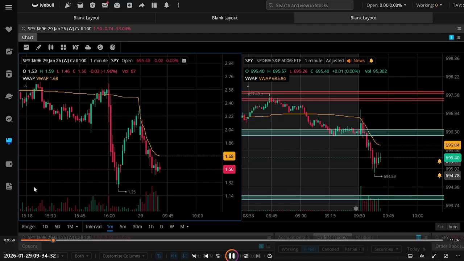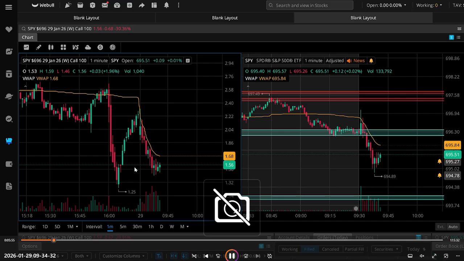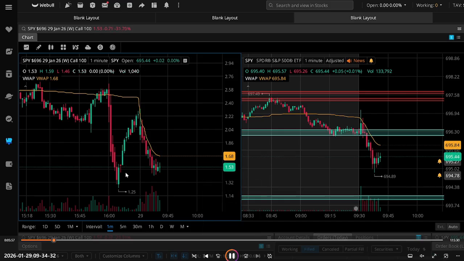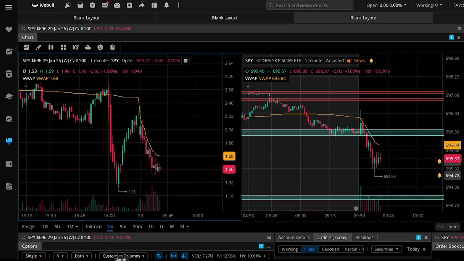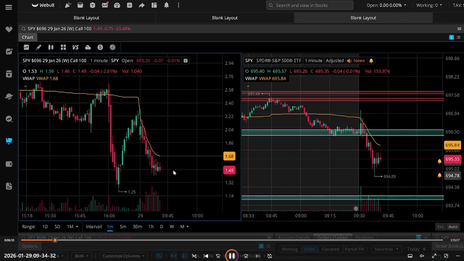So what ends up happening here is we have an aggressive move to the downside, then a move up, and then it came back and is at the moment creating a higher low, which, as you know, is a bullish indicator.